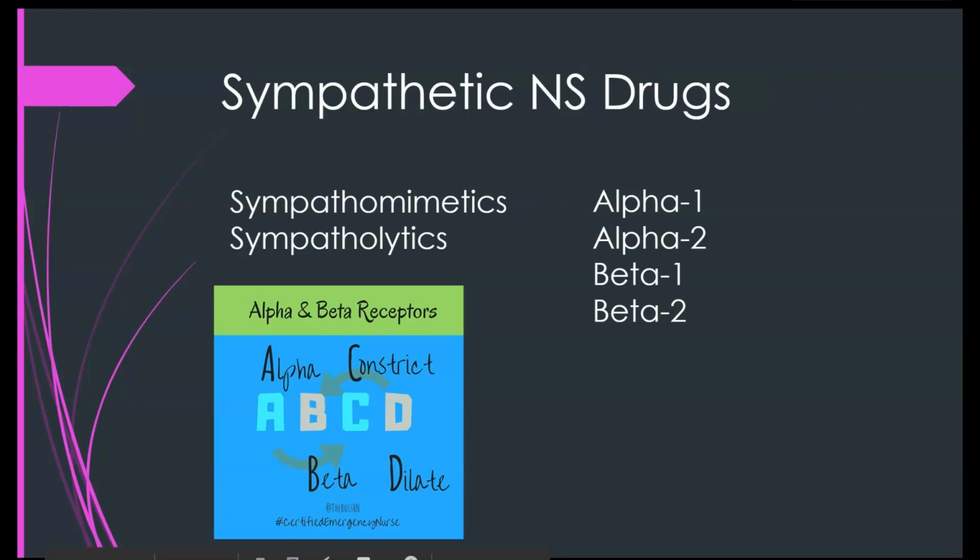So sympathetic drugs are drugs that either stimulate or block the reaction of your sympathetic nervous system, right? Your fight or flight response. Here are little ways to help you remember what the different types of medications do. Alpha medications constrict, and beta medications dilate.